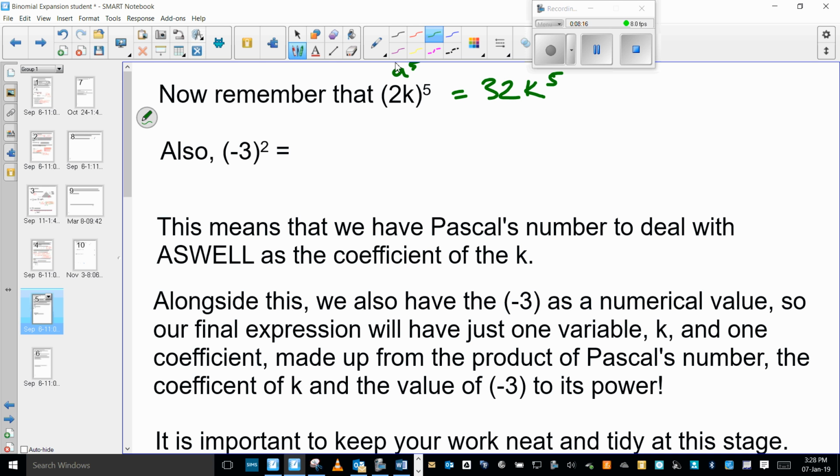In a similar way, if we've got negative 3 squared, that's going to be positive 9. So you've just got to be really careful as soon as your terms are not just letters on their own, when numbers are being involved, that you're actually raising them to powers correctly.